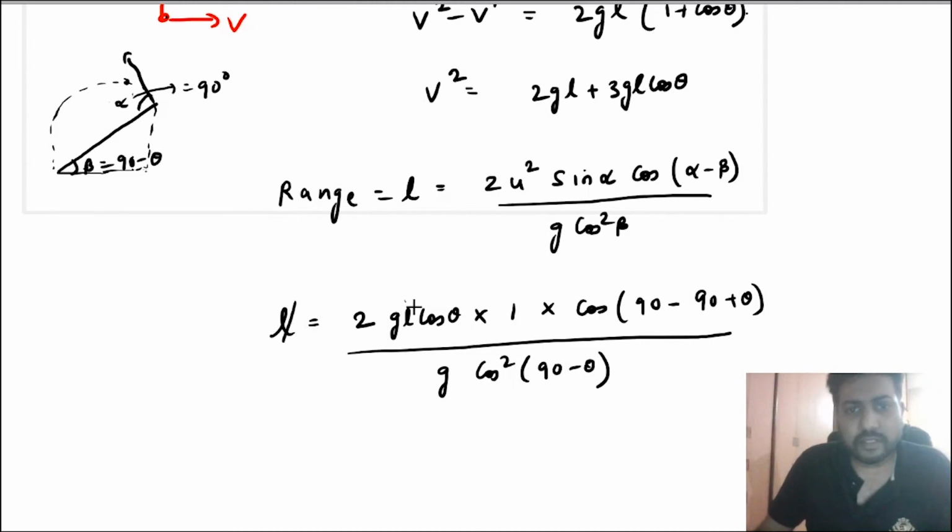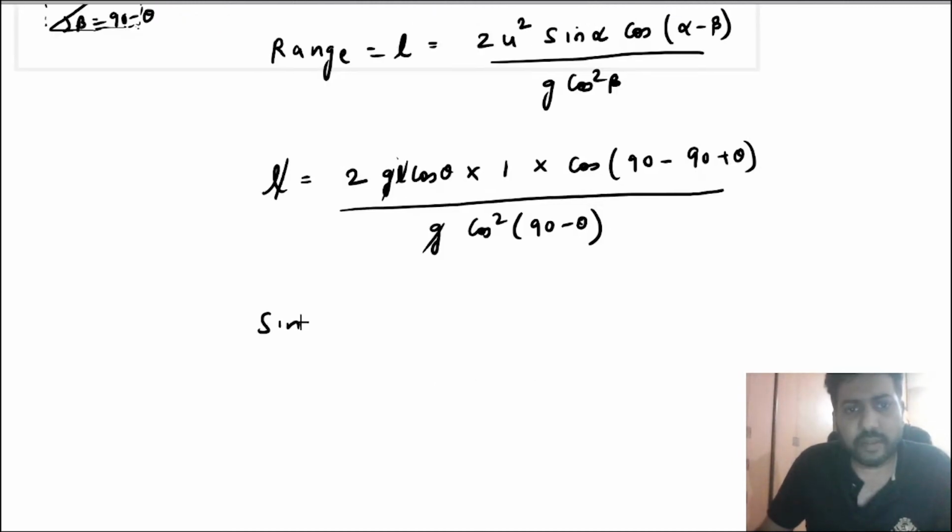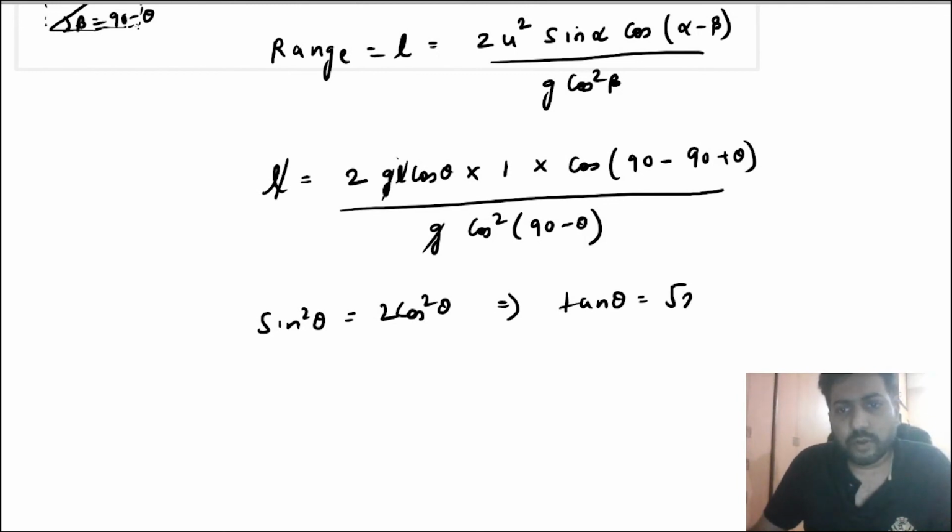So from this you will get sine square theta is equal to cos square theta multiplied by 2. So from this you will get tan theta is equal to root 2, or you can say cos theta is equal to 1 by root 3.